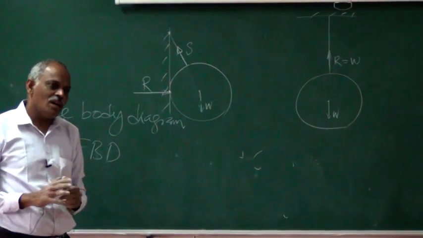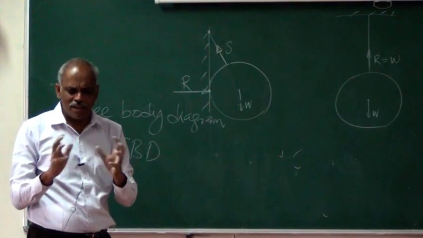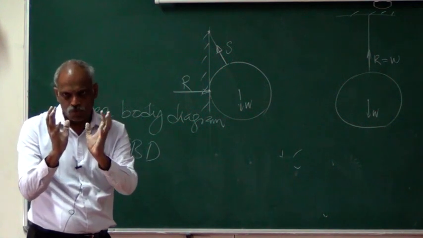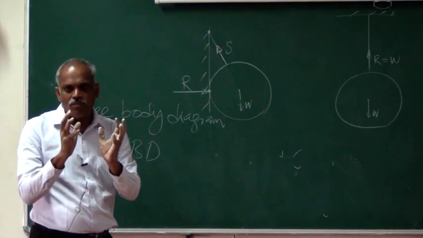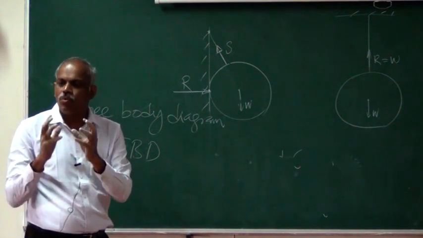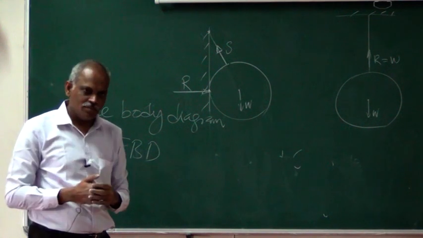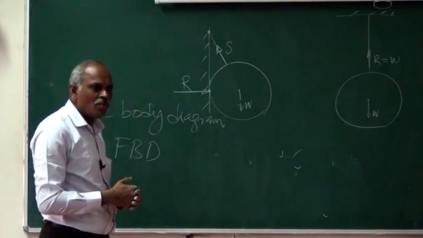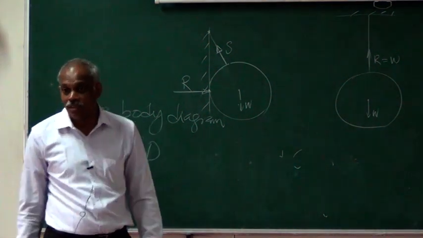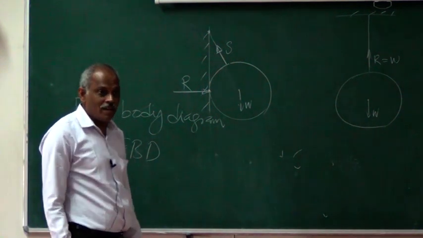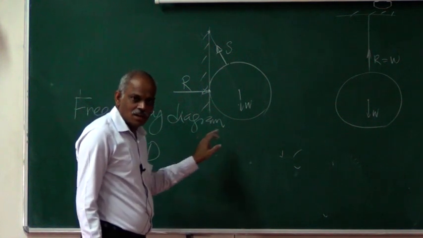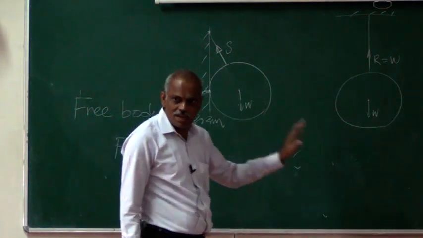Free body diagram in general means all the constraints are removed, only the body under consideration, the body whose equilibrium you want to test, is shown. But that is not the complete definition.